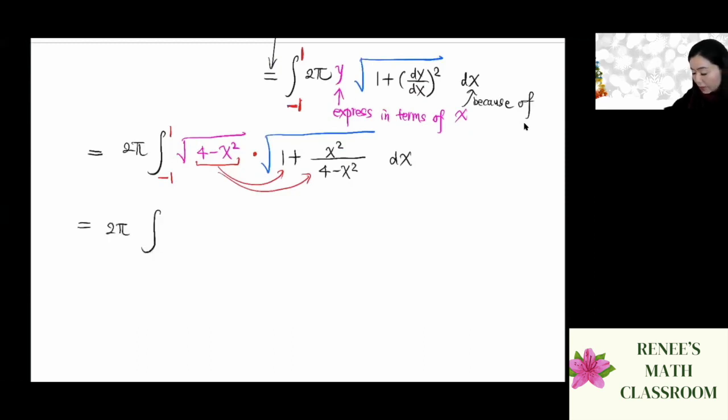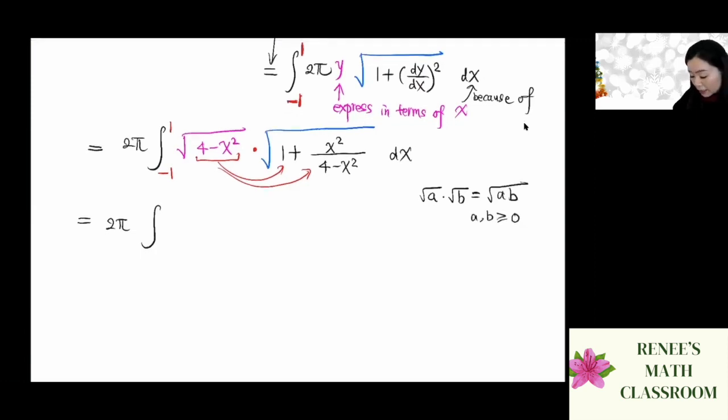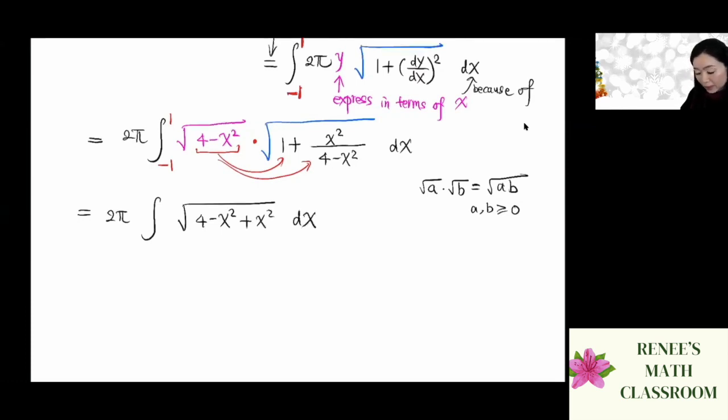And remember, square root of a times square root of b is square root of a times b, providing that a and b are non-negative. So this is going to be square root of 4 minus x squared times, plus x squared. When you simplify it, it gets much simpler.